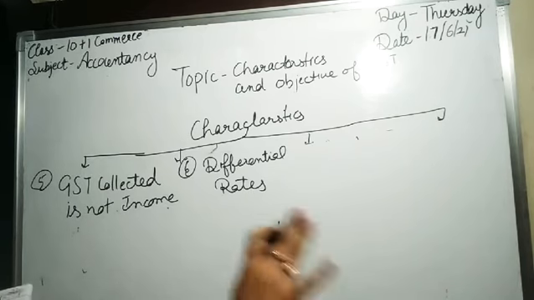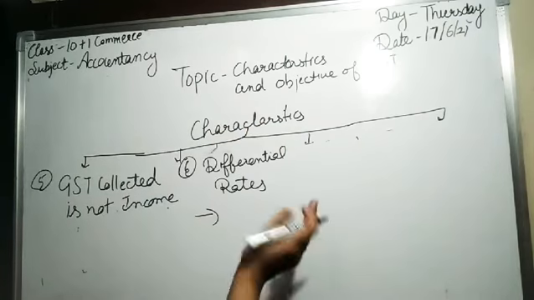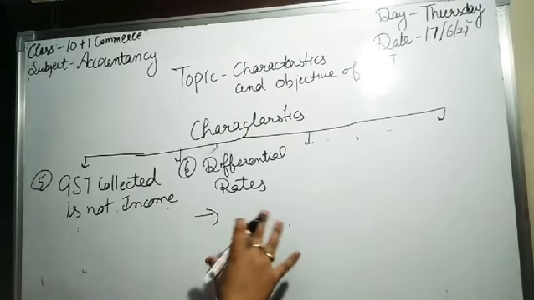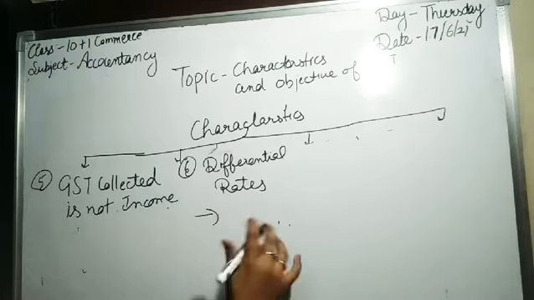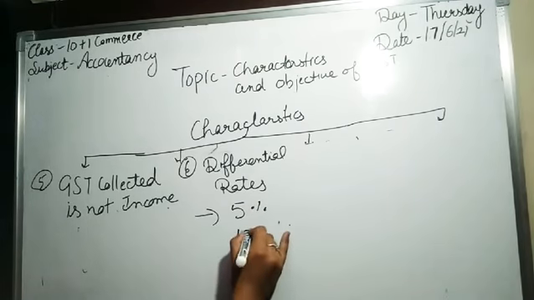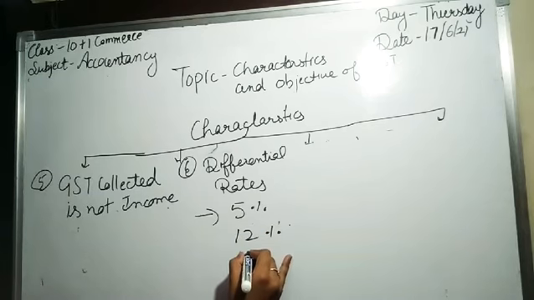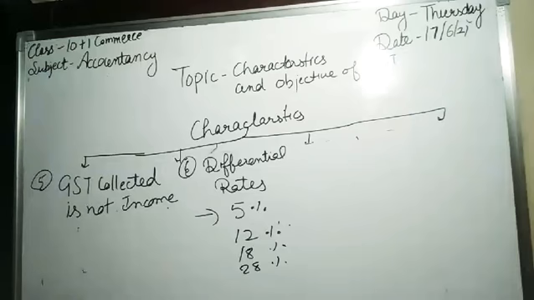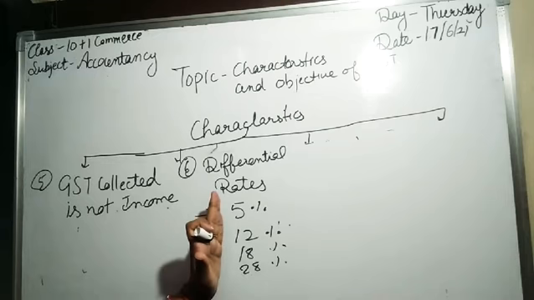These tax slabs are constant and do not change: 5%, 12%, 18% and 28%. These are the different GST slabs given according to the goods and services.